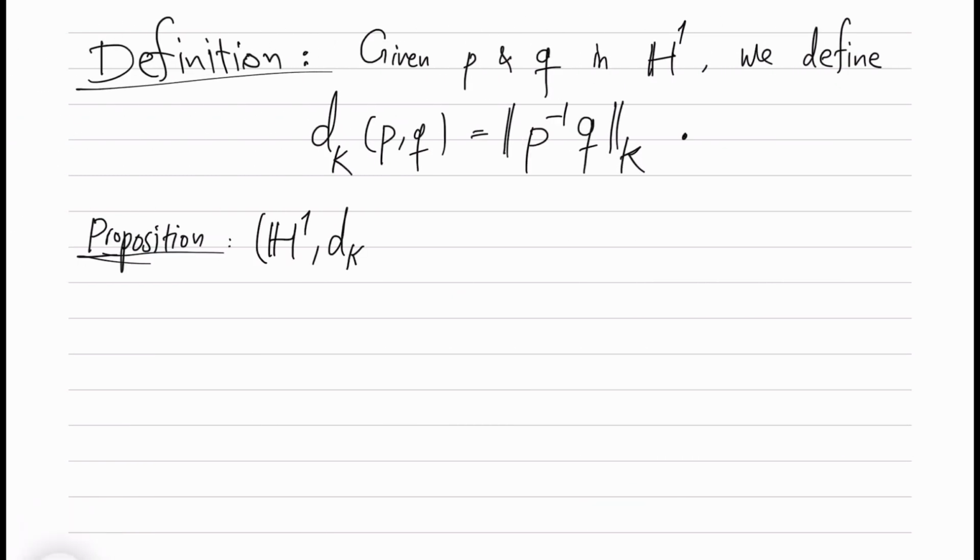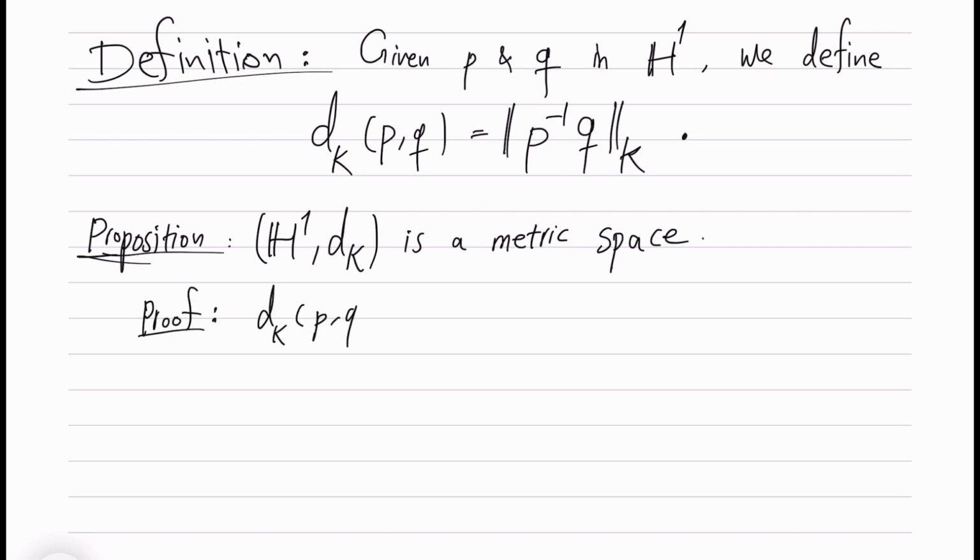H^1 with this d_K is a metric space. First of all, d_K(P,Q) equals 0 implies that, well, the definition says this is the K norm of P inverse Q being 0.